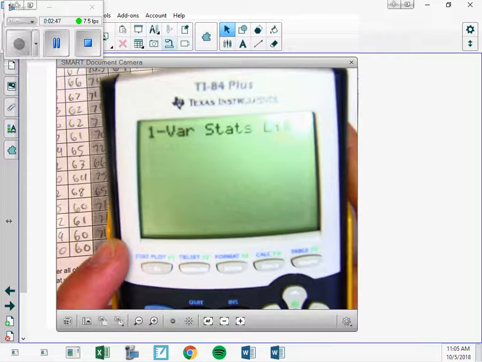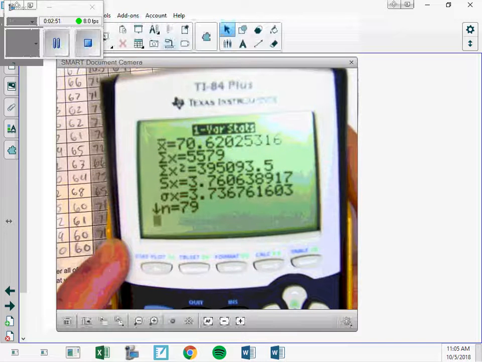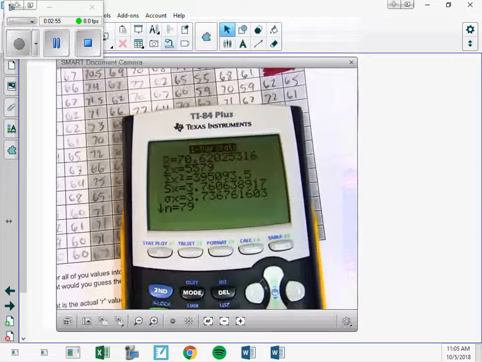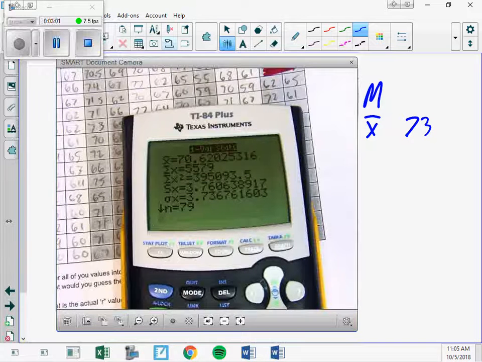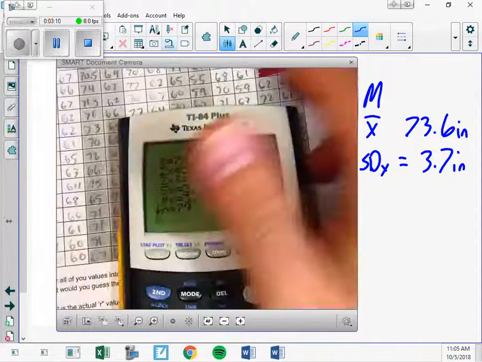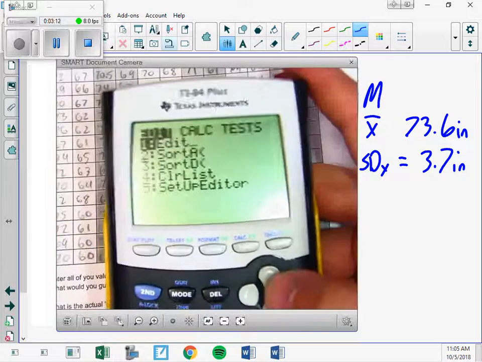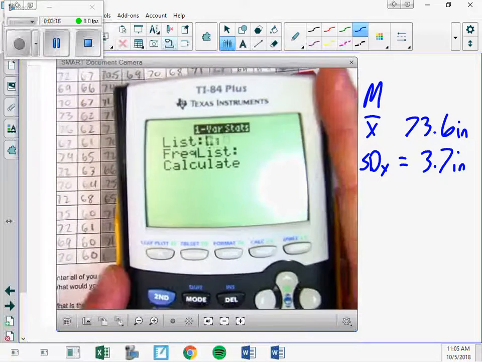Okay. So I get my average is 70.6, and my SD is 3.7. So for the men, my X bar is 73.6, and my SDX is 3.7 inches. I do the same thing with L2. So stat, calc, one variable stat, L2.